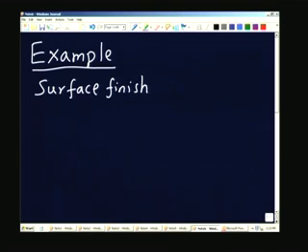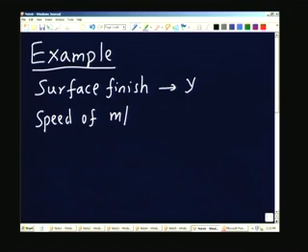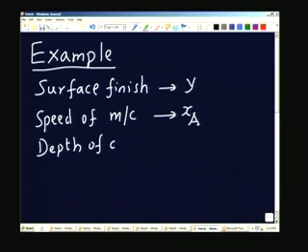Any number of examples are possible. Surface finish will be represented by y. The speed of the machine I will represent by x subscript a, and the depth of cut as x b.